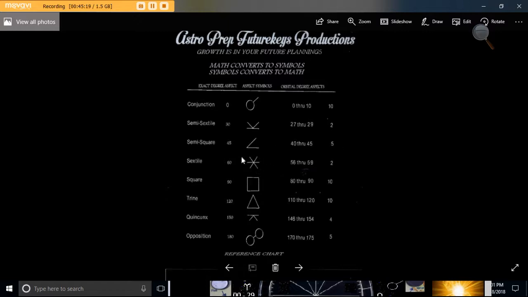Here's 60 degrees. 30 and 30 is 60. So that would be a 60 degree. If you have a planet from 30 and it's another 30, then it equals a sextile aspect. Alright? If it's at 40 degrees through 45 degrees, then it's at a semi-square aspect.